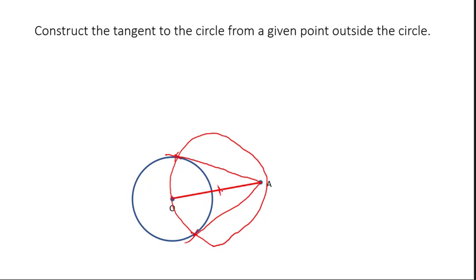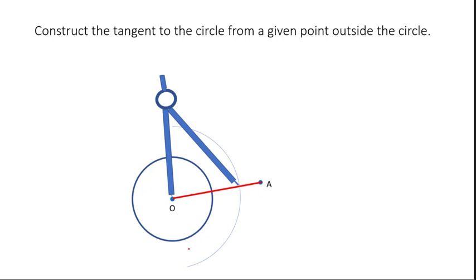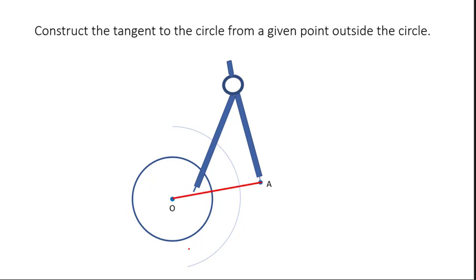To make that happen, we want to find this middle point. So you create your segment from point O to point A, and then find the midpoint using the perpendicular bisector process. Put your compass on point O and create an arc like that, then, without changing the length, take your compass over to point A and create another arc.